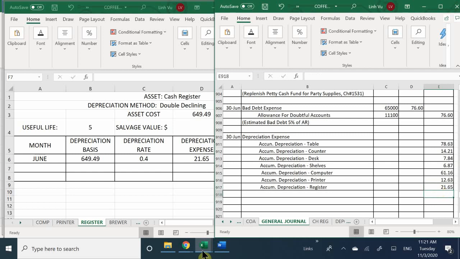Okay. And then next is going to be equipment. So I have my coffee brewer and coffee grinder. Here you go. I have accumulated depreciation for the brewer, and I have the accumulated depreciation for the grinder.